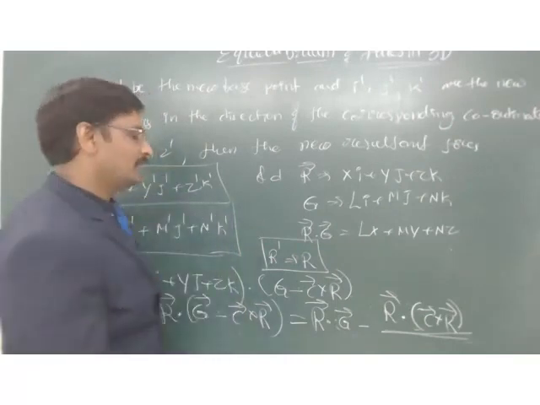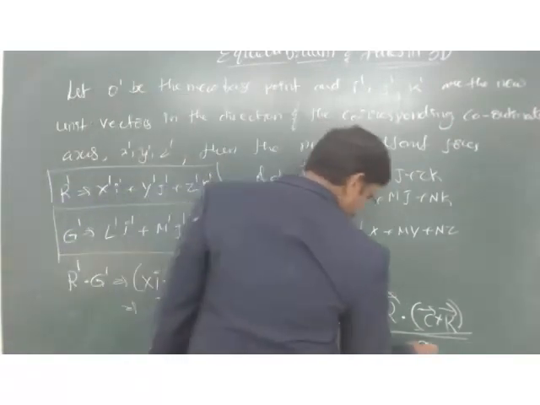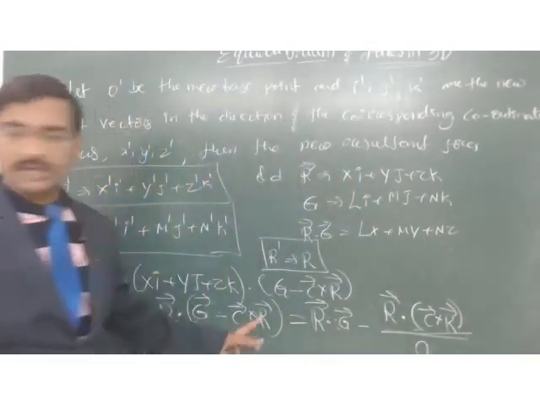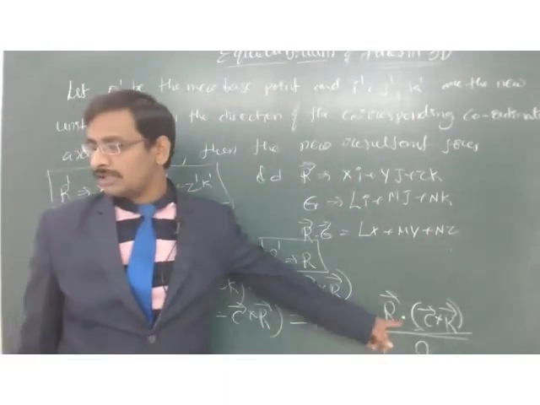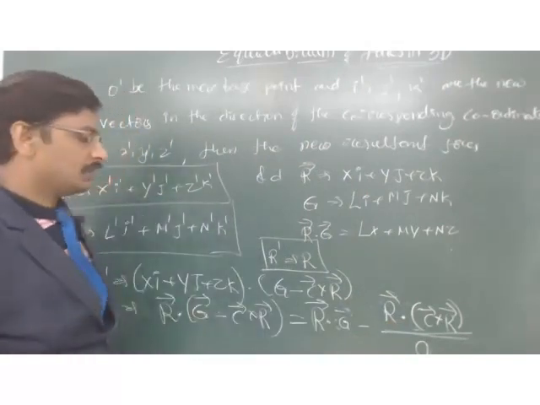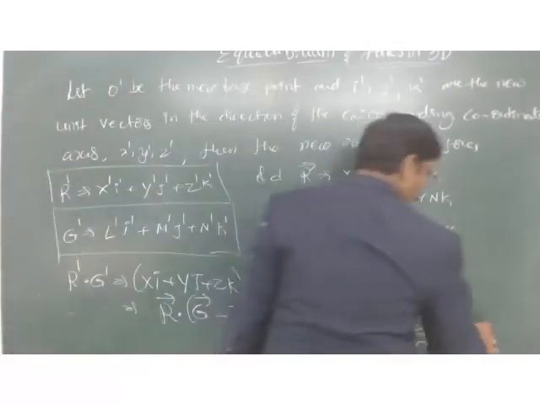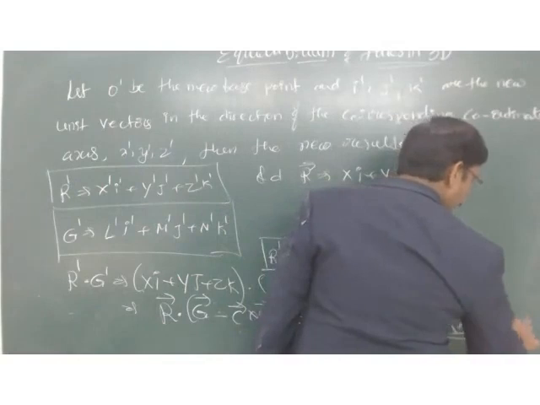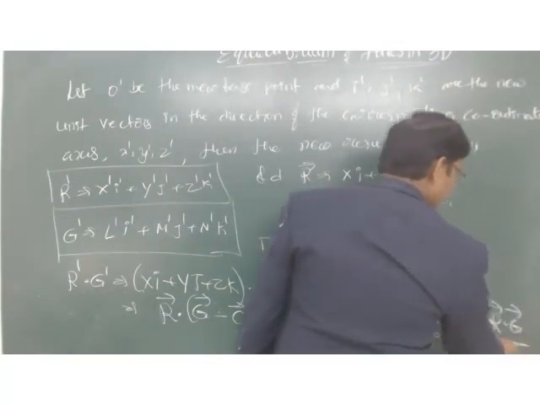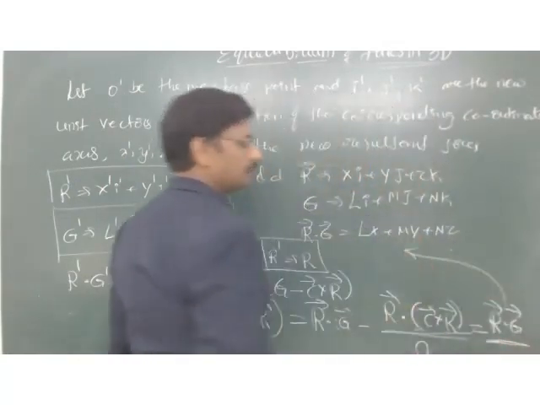Okay, so let me explain. For now you note down this as 0. I am going to erase it, and then I am going to explain why it is 0. Some people gave the correct answer. So this is equivalent to R dot G, which is nothing but Lx plus My plus Nz again.